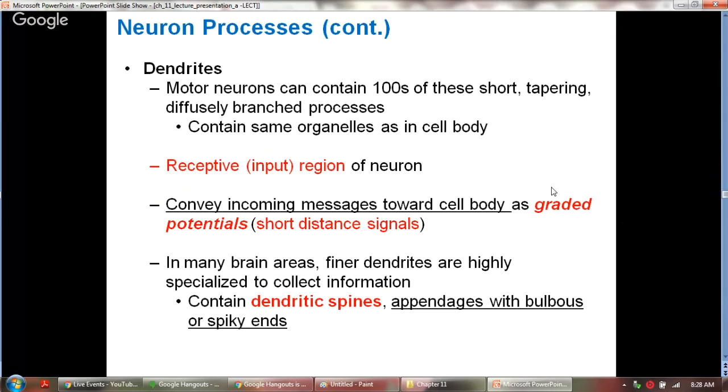So we are going to learn what a graded potential is. It's also called a short distance signal. In many brain areas, the finer dendrites are highly specialized to collect information, and they contain dendritic spines, which we refer to as appendages, with bulbous or spiky ends.